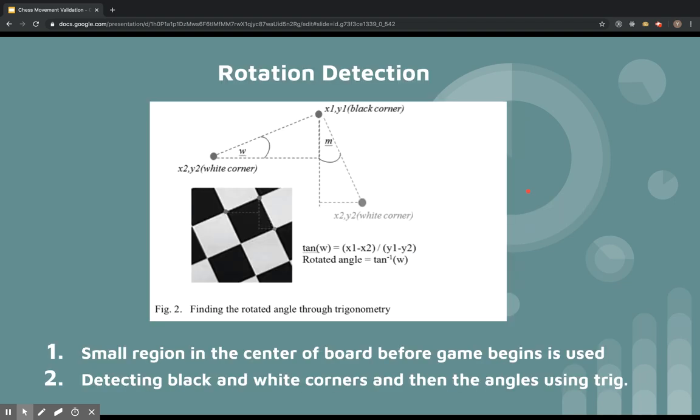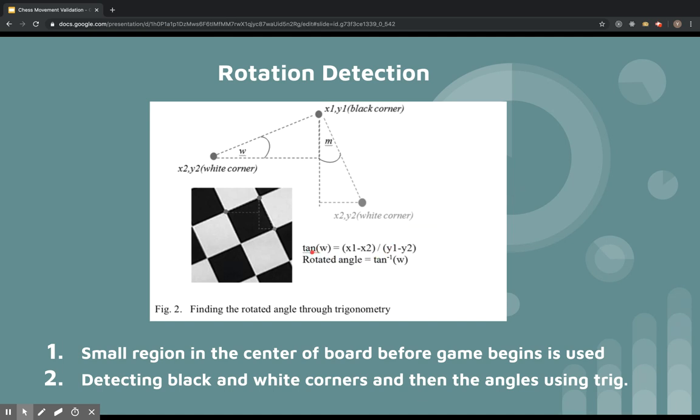So the first step in this entire process is rotation detection. For example, if the image of the board is not perpendicular to the camera, or the camera is not staring right down at the board itself, we detect each of the squares and we calculate an angle between the square and the camera direction.